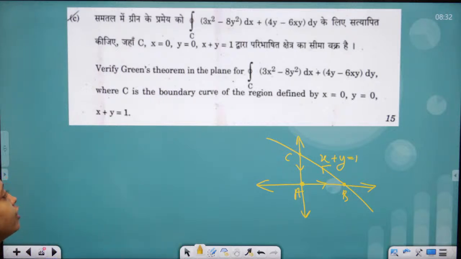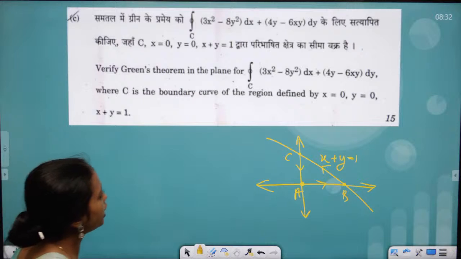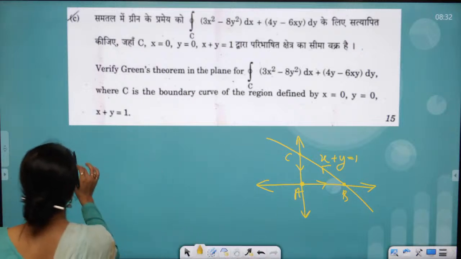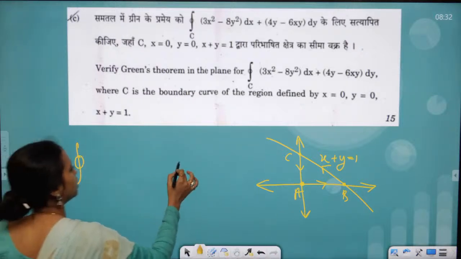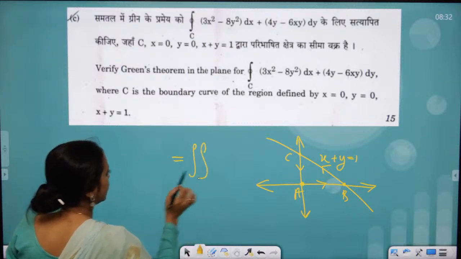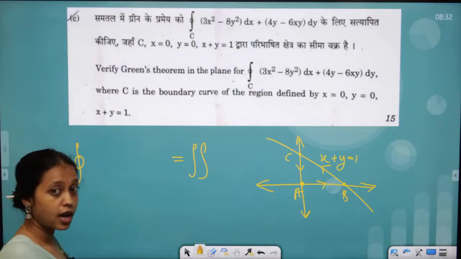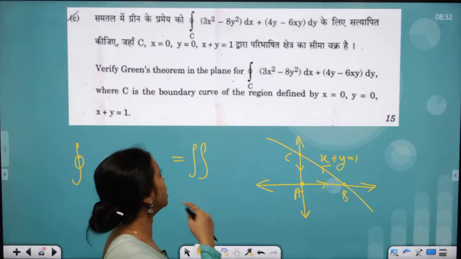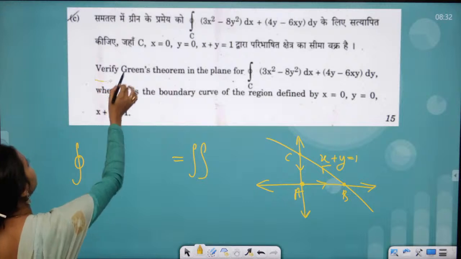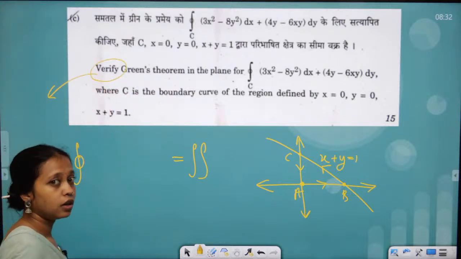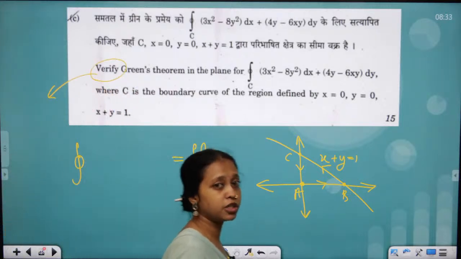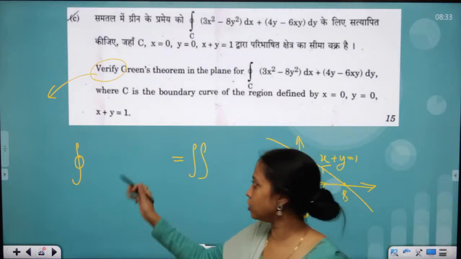After that you have to verify Green's theorem. So if you want to verify Green's theorem, remember what is Green's theorem? Green's theorem is the relation between your single integration and the double integration. I have seen students make this mistake: they say, we know Green's theorem, so apply it and tell the answer.